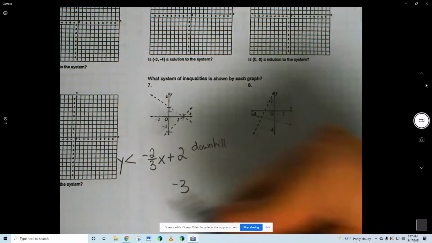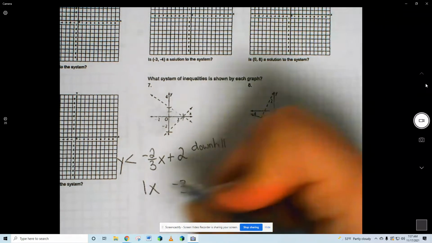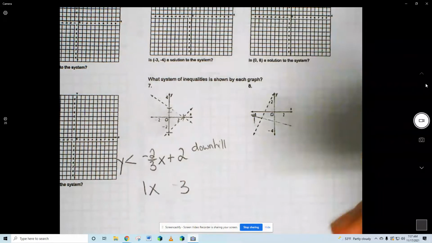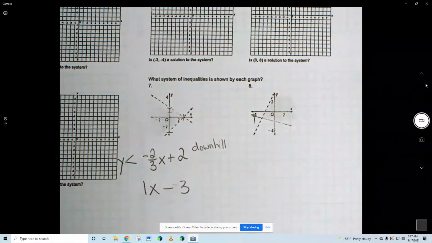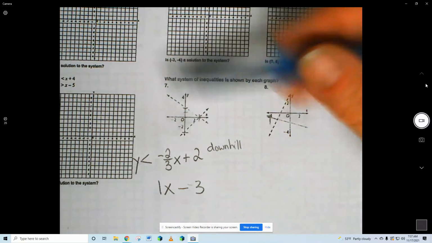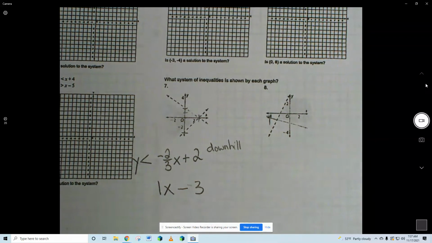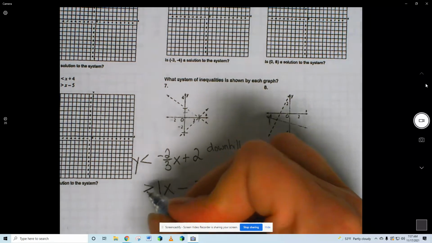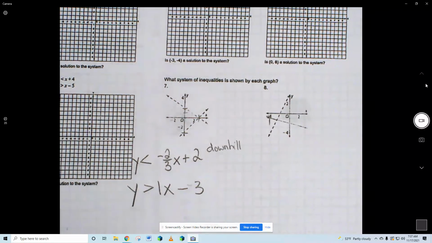So 1x minus 3. Now, this shading is greater than, and it's dotted. Y is greater than, and I really don't need the 1, but, x minus 3.